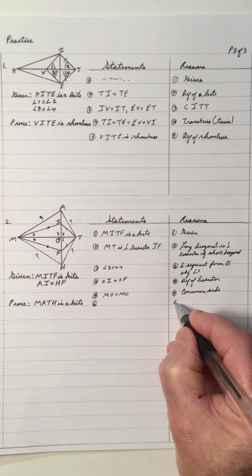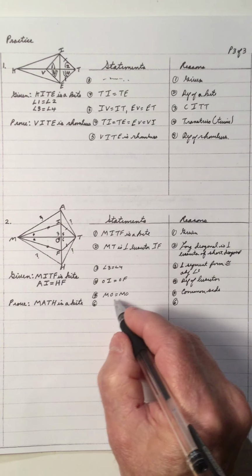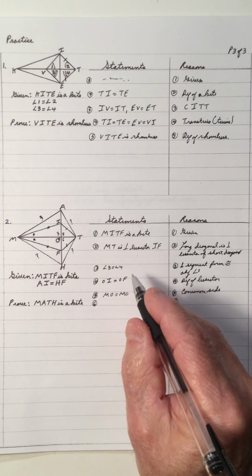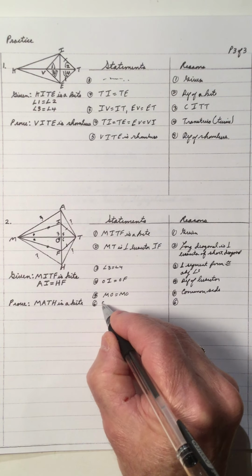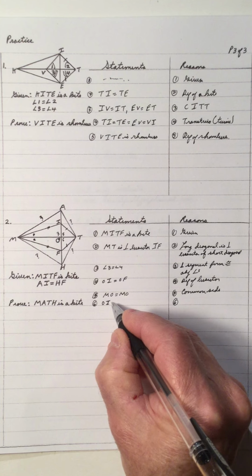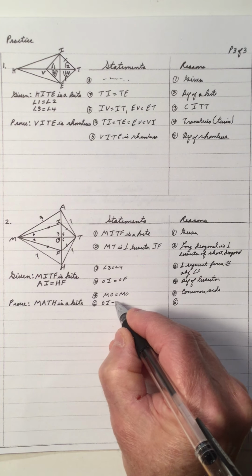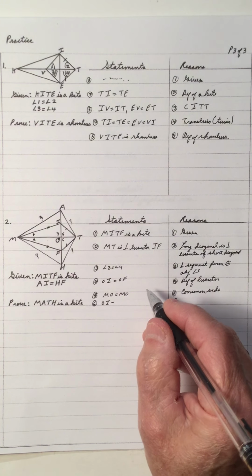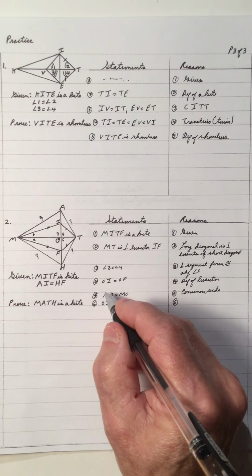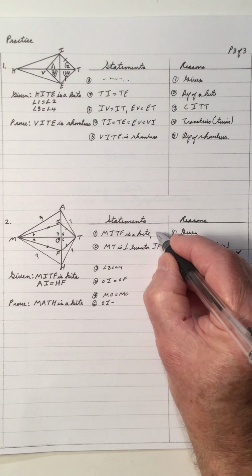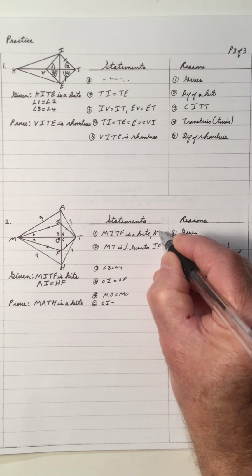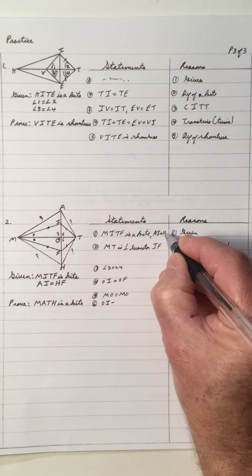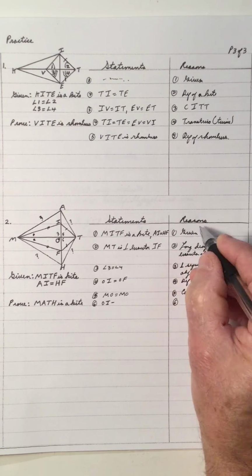Number 6. Now we can take OI and add, but I have to say the givens first. I didn't do my givens, so I'm going to put the given that AI equals HF in the givens.